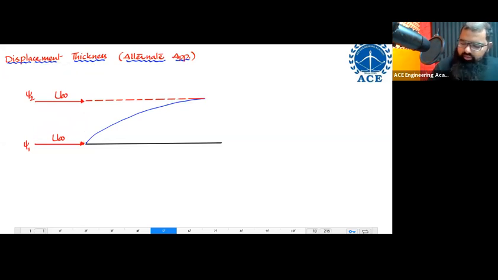So if I write over here, this is representing psi 2, but it is ideal. Psi 2 ideal. Okay. But what is happening? Ideally, it wants to move like this, but it is not able to move.